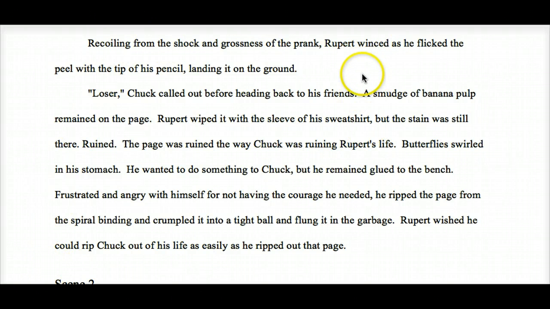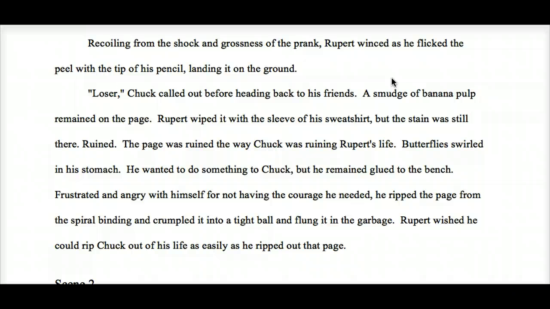Let's move down here and take a look at this sentence. A smudge of banana pulp remained on the page. Now that's a description of what was left over from that banana peel landing on his page. But notice the word smudge. Again, by carefully choosing this word, I'm letting the reader know what that mark on his sketchbook means to him.